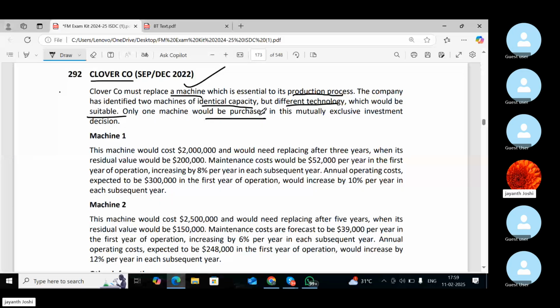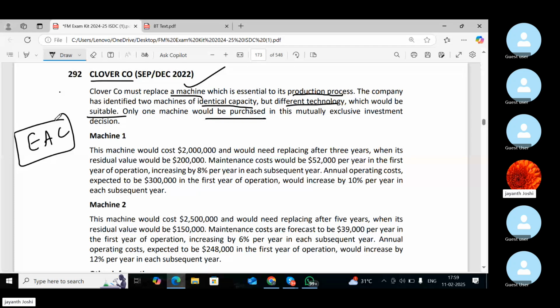And you should know, for replacement projects, we have to see the equivalent annual cost. The project which gives us the least equivalent annual cost is the one which we need to pick. Am I right?